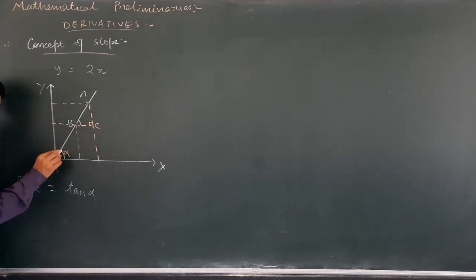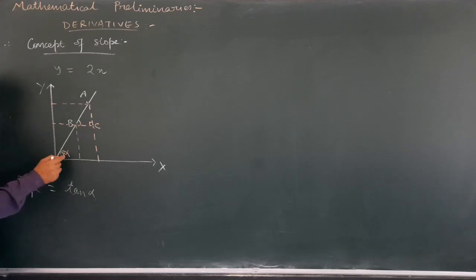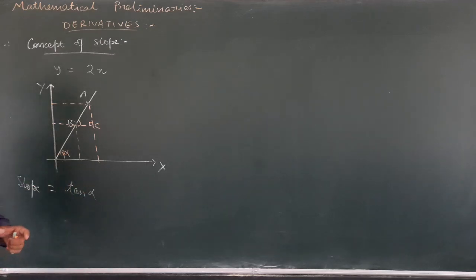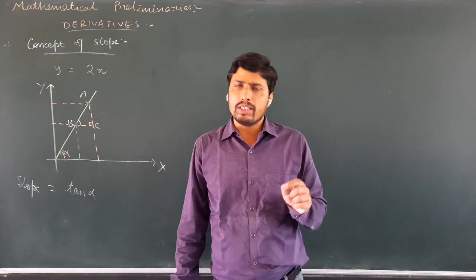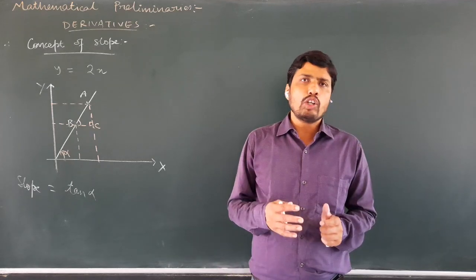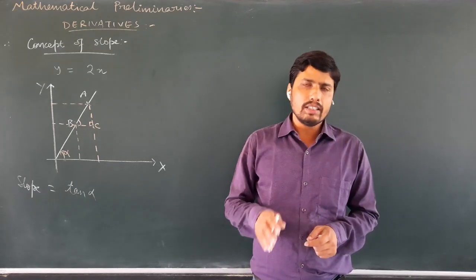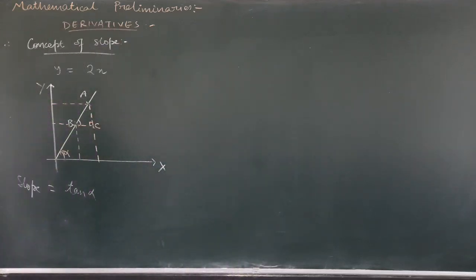Starting from x-axis, if we move in anti-clockwise sense, you will meet this line. After turning through angle alpha, tan of that angle alpha is called as slope. So this is definition. Whenever a curve, a straight line, if it meets x-axis at some point, then tan of the angle made by that line with x-axis, that is called as slope.